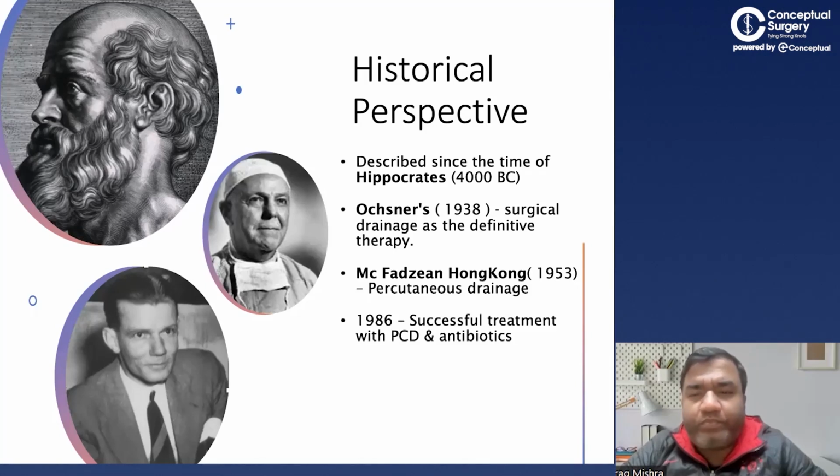Also in 1938, Ochsner for the first time said that drainage of this abscess is important to treat. Otherwise, before that, it was all conservative management. Then Macpherson started talking about percutaneous drainage in 1953. And by 1986, I think most of them were talking about successful treatment with percutaneous drainage.